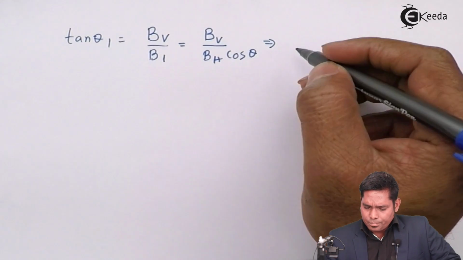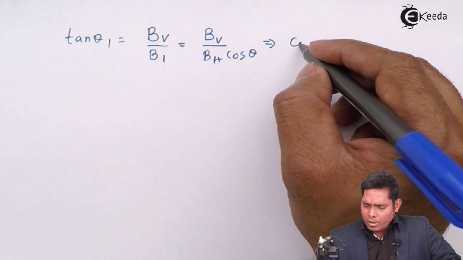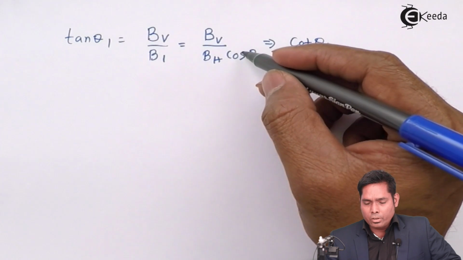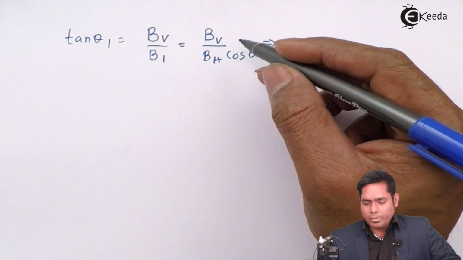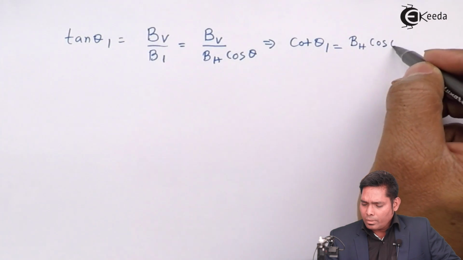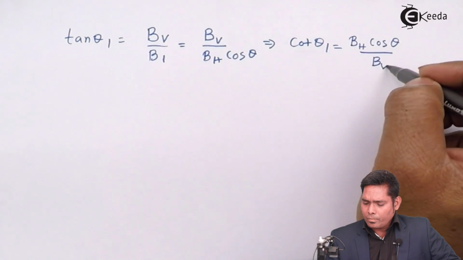From here, cot theta 1 will be, because I don't want this in the denominator, I want it in the numerator, BH cos theta divided by BV.